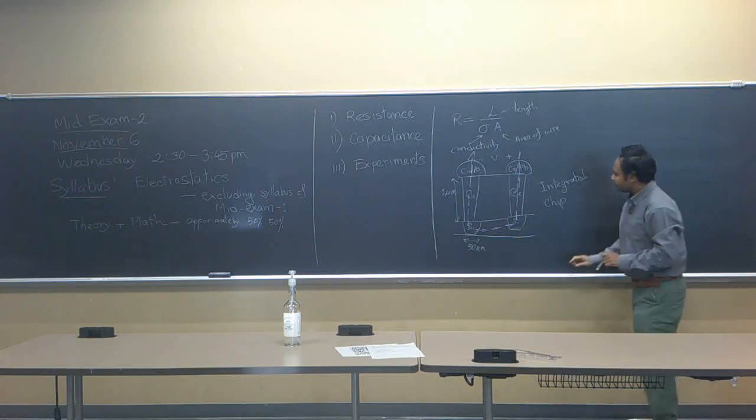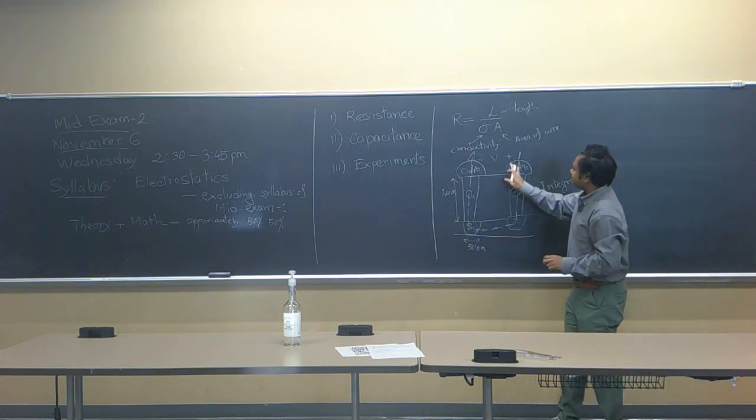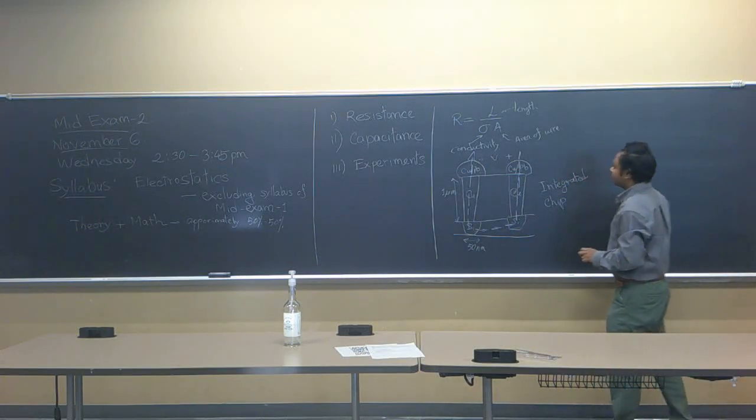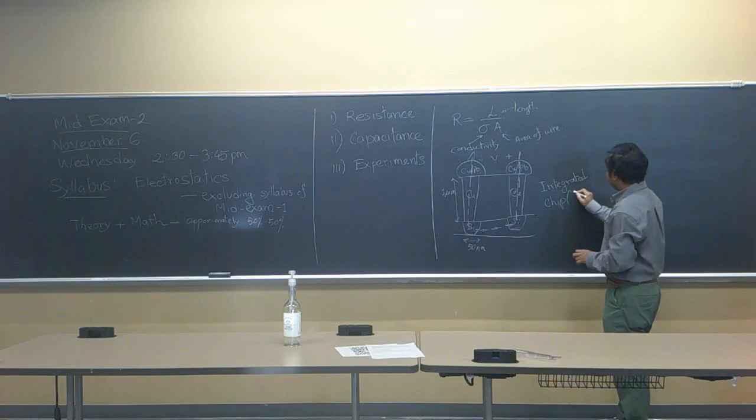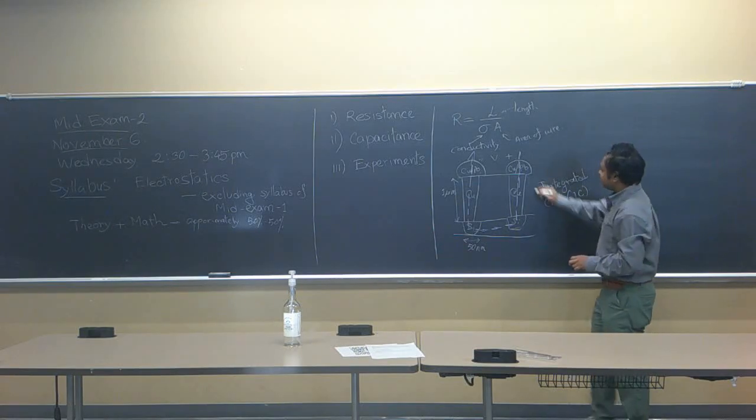One of the design criteria of why people engineer ICs is they try to minimize the resistance of the current path.